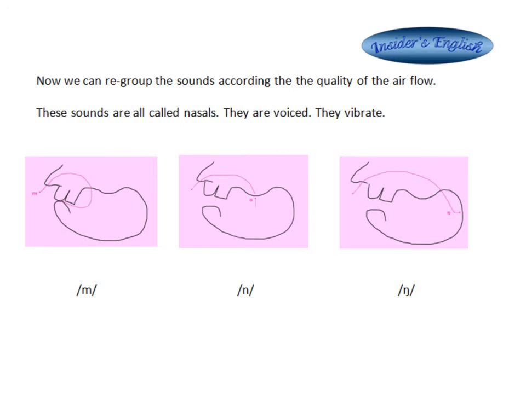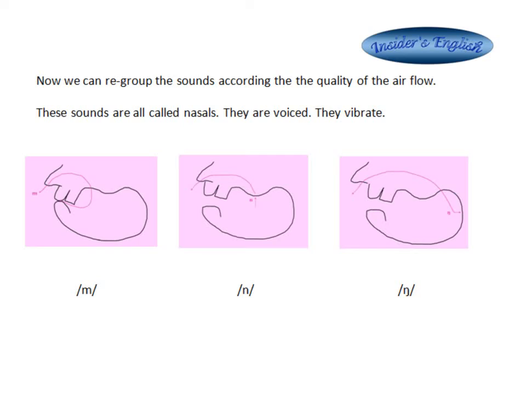Now, we can regroup these sounds according to the quality of the airflow. These sounds in these three pictures are all called nasals. They are voiced and they vibrate. Picture 1, put your lips together.